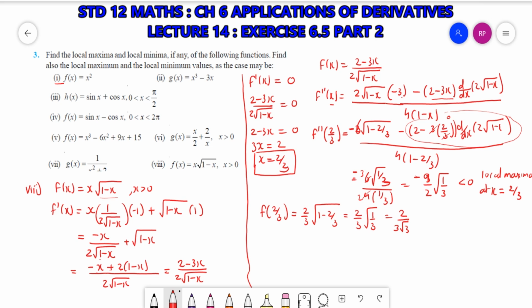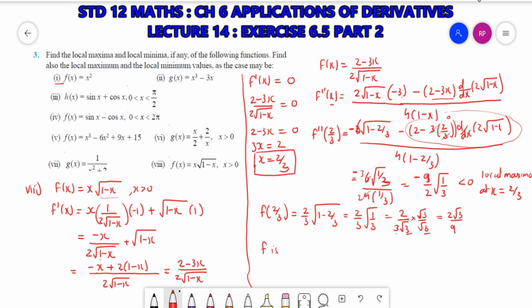Clear? Okay, we can also rearrange in this way. Multiply by root 3, divide by root 3. So root 3 into root 3, 3 into 3, 9, and numerator 2 root 3.